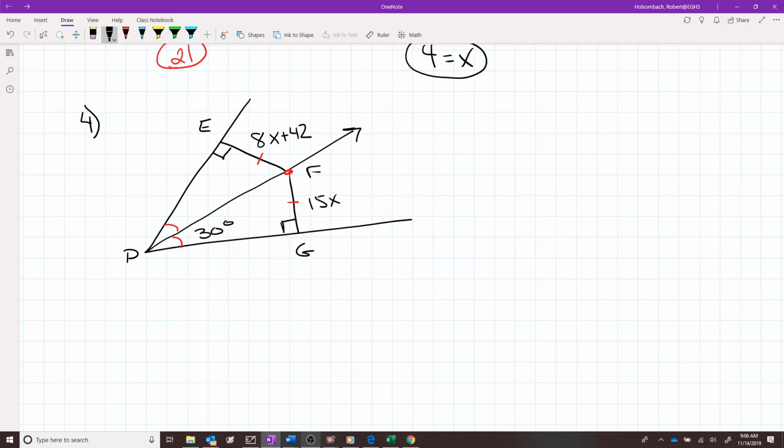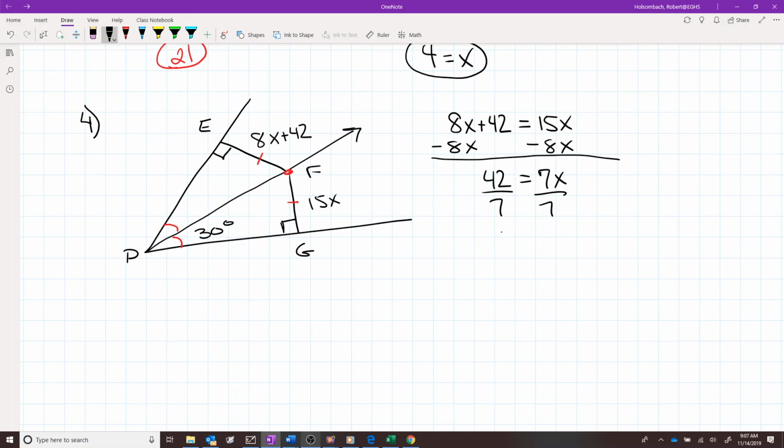So your setup here is that your 8x minus 42 is equal to the 15x. So you can subtract 8x from each side. I'm sorry, this is 8x plus 42 up here. Alright, so 42 equals 7x. If you divide both sides by 7, then 6 is equal to x.